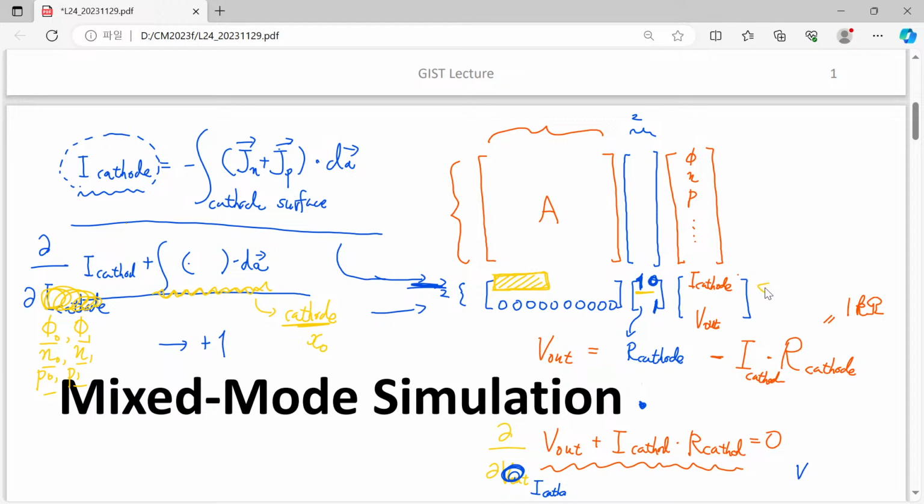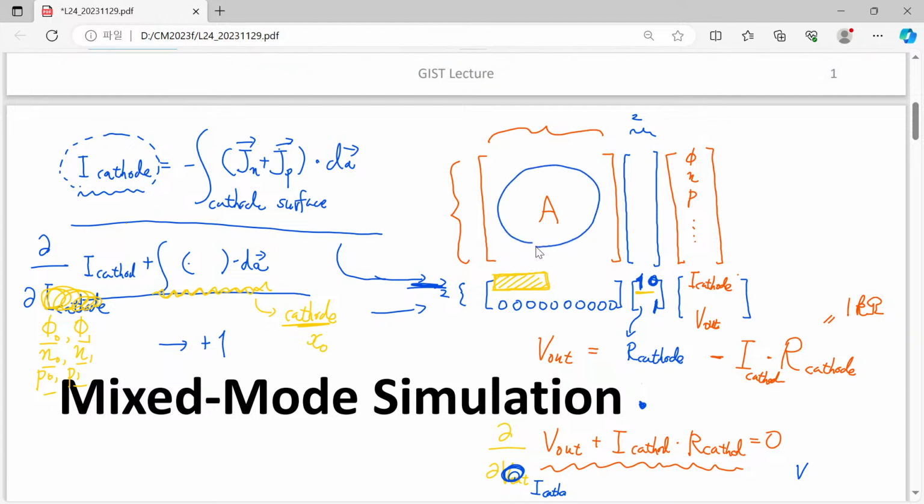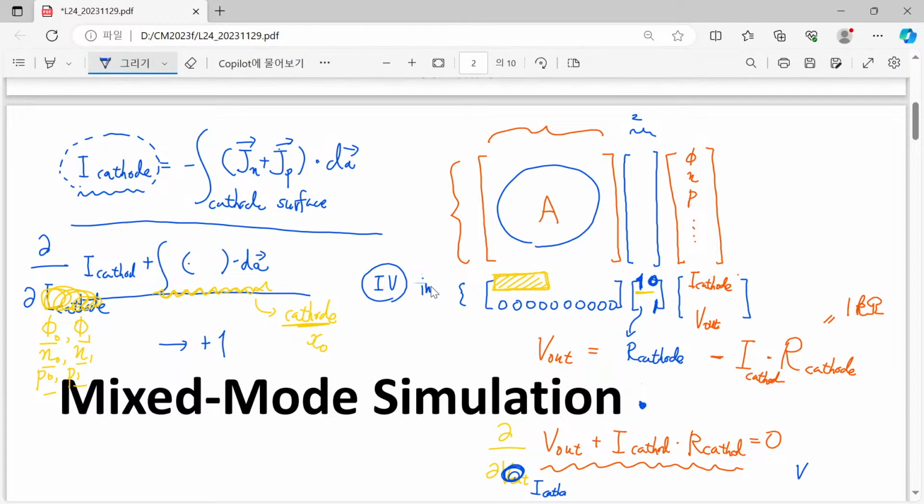When you have a look at it, this matrix corresponds to the internal and internal interaction. However, these two last lines correspond to the IV characteristics, the external one, and that is affected by these internal physical quantities.